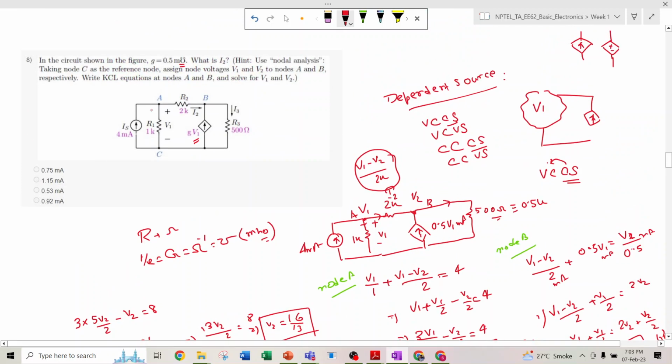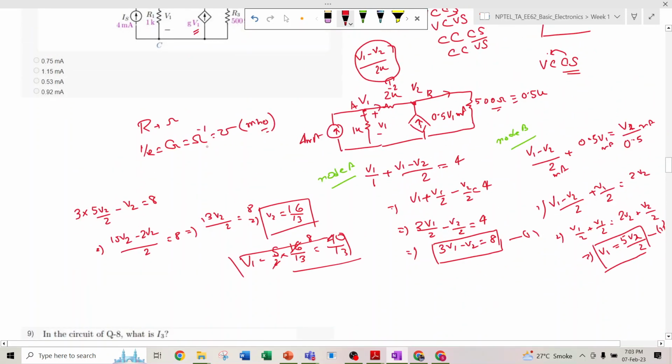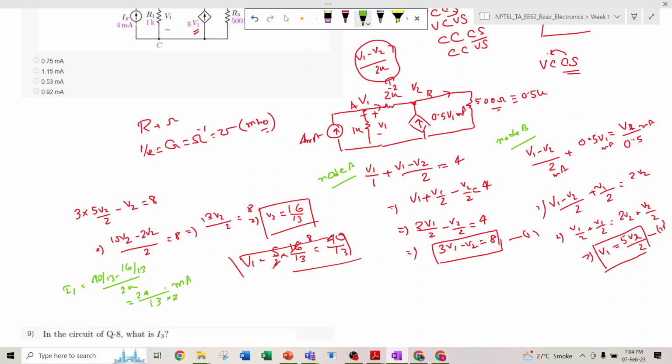So now what is the value of the current I2? I2 is V1 minus V2 divided by 2K, that is 40 by 13 minus 16 by 13 divided by 2K, that is 24 divided by 13 into 2, that much milliampere.